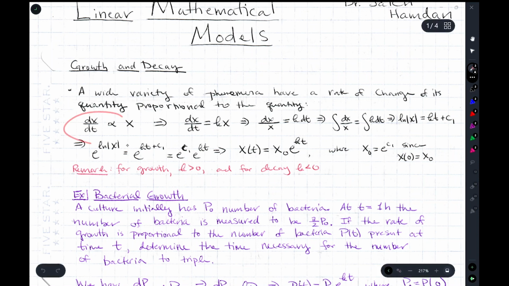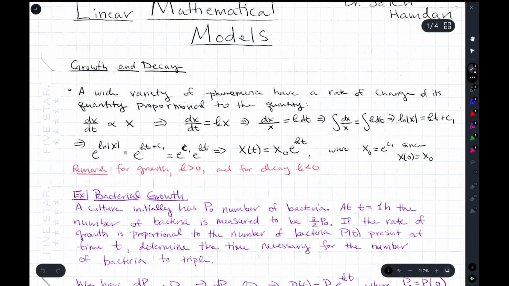And this is summarized by this relation here. dx/dt is proportional to x. And we could use an equal sign if we add a constant of proportionality. So this here is the constant of proportionality. It's a parameter in our model in order to fix the relation between the rate of change and the quantity.